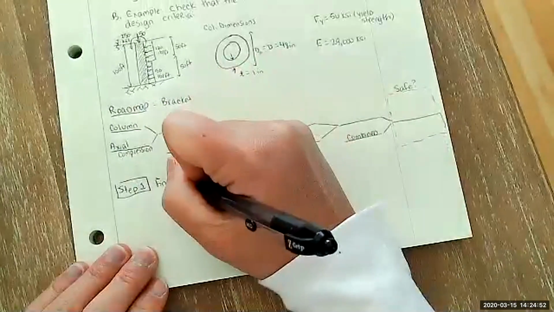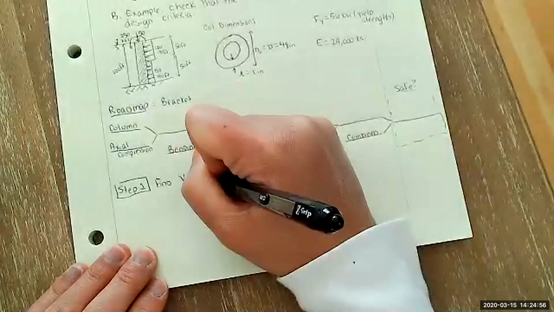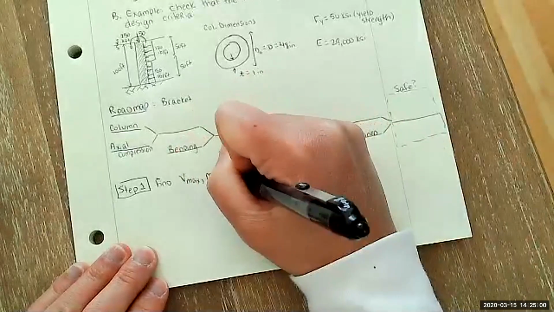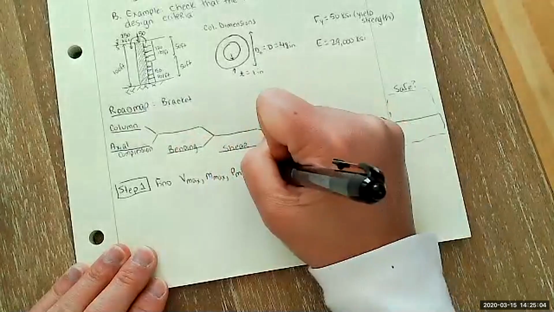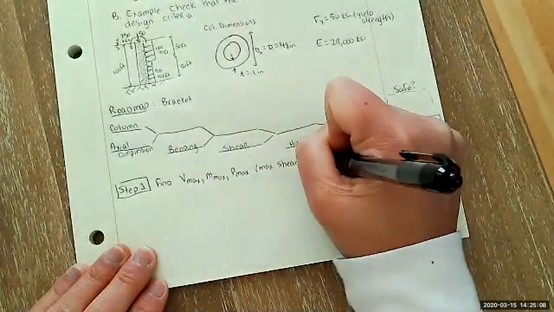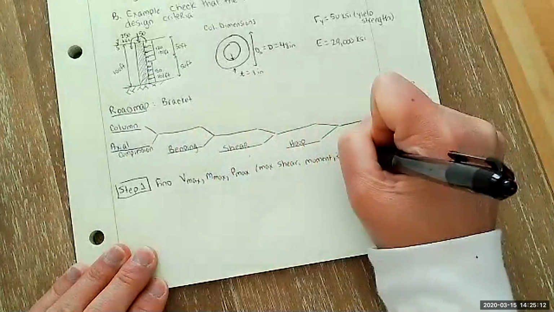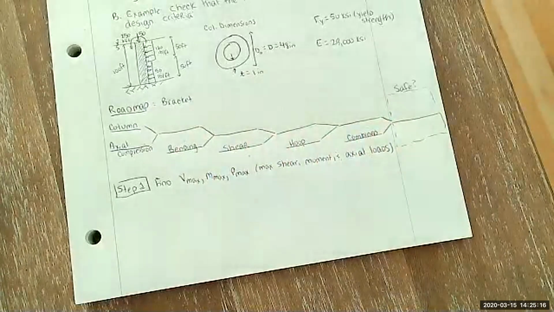So find our maximum shear, Vmax, our maximum moment, Mmax, and our maximum compressive load, Pmax. So these are the max shear, moment, and axial loads that the column experiences.